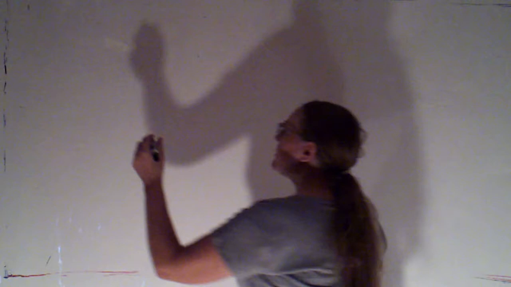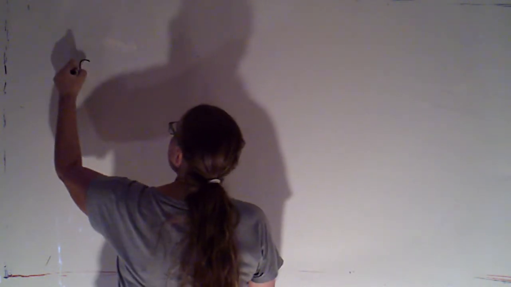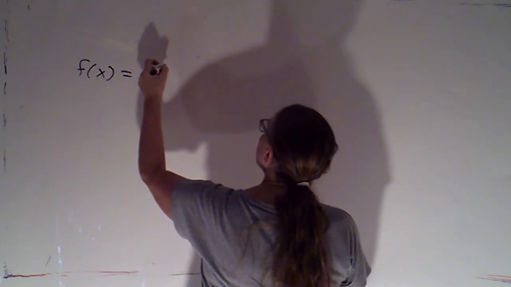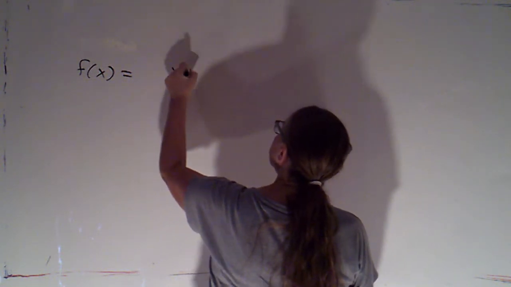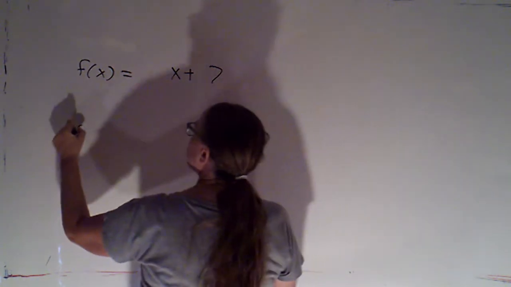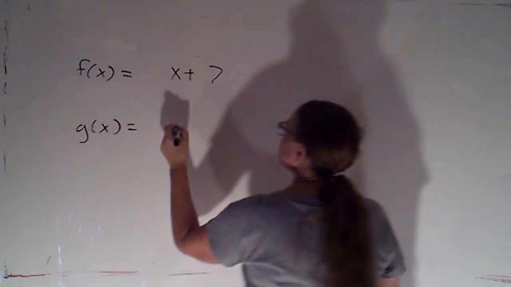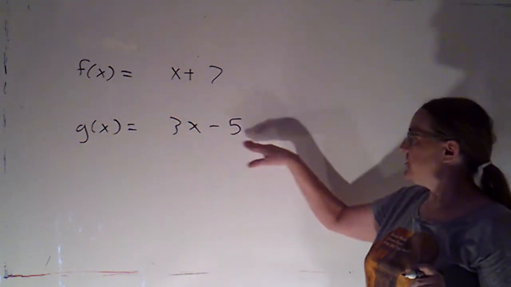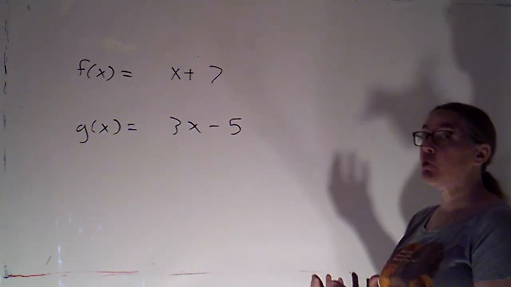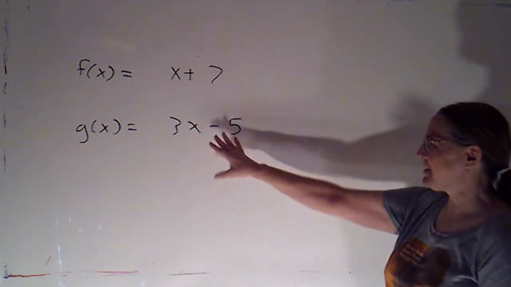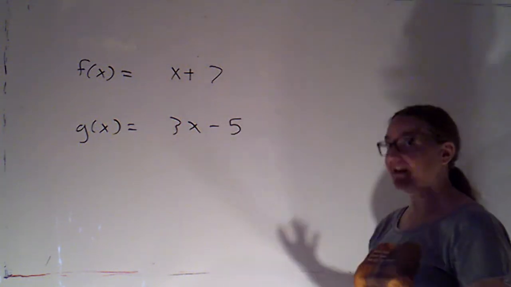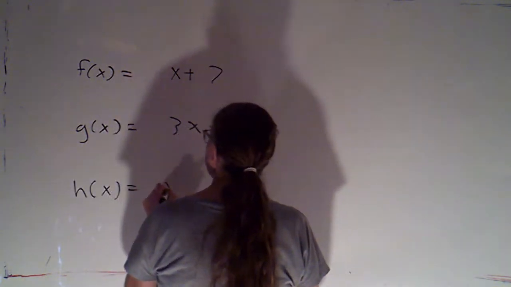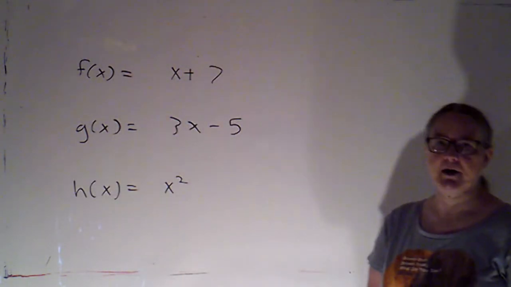So let's just let f of x equal x plus 7. Let's let g of x equal 3x minus 5. Now, notice here, g is actually doing 2 things, so you're going to have to undo the whole thing if that's possible. And let's let h of x equal x squared.